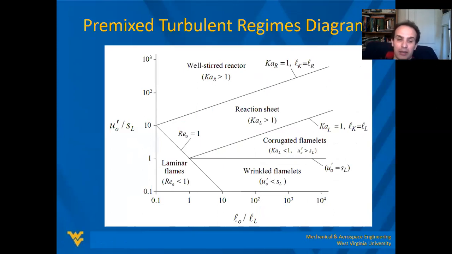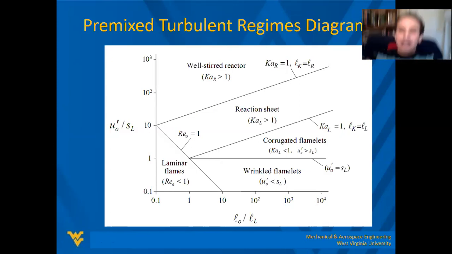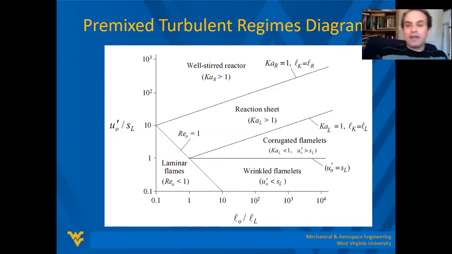So how do we plot this turbulent regime diagram? First of all, remember that this is a logarithmic scale: 10, 100, 1000, and so on. Please remember that, and here these lines show the difference between these regimes. Again, please remember what we say here: these lines are plotted by means of order of magnitude, because when we deal with turbulence, everything is order of magnitude, remember?